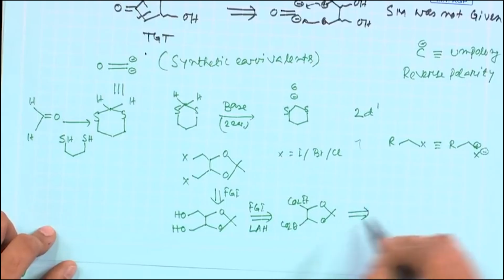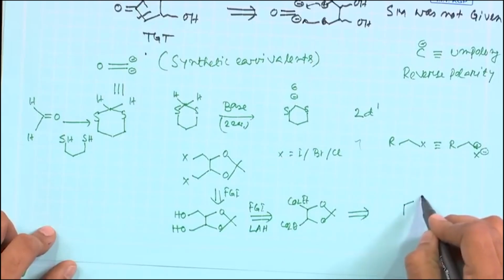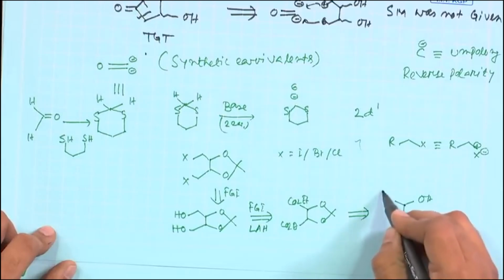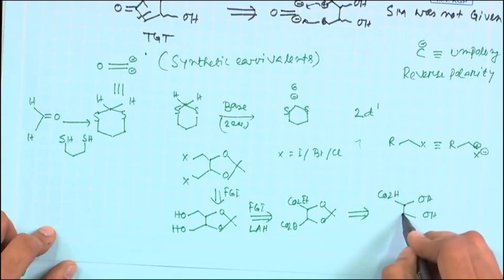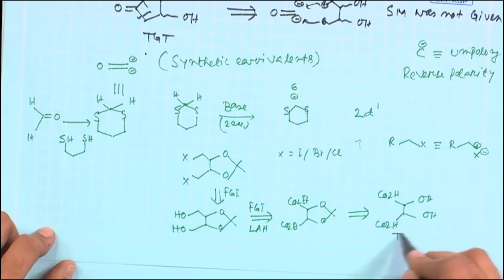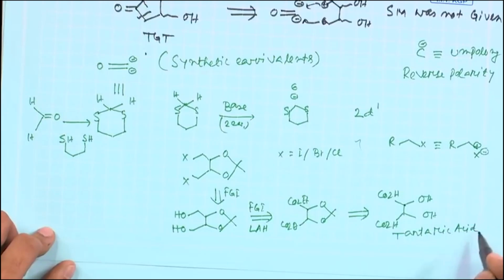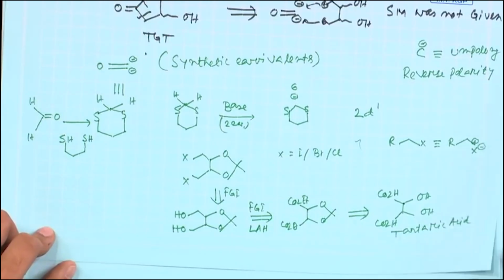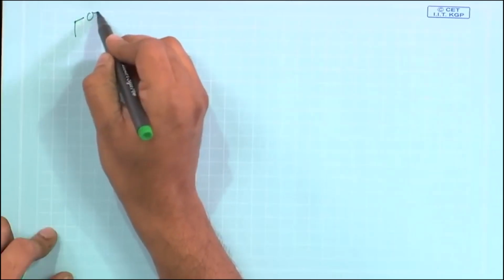And now you will see that this starting material is basically a simplified starting material, which is a very cheap starting material named tartaric acid, which is commercially available, a raw feedstock. So, if you now try to do the forward synthesis, we start with tartaric acid.